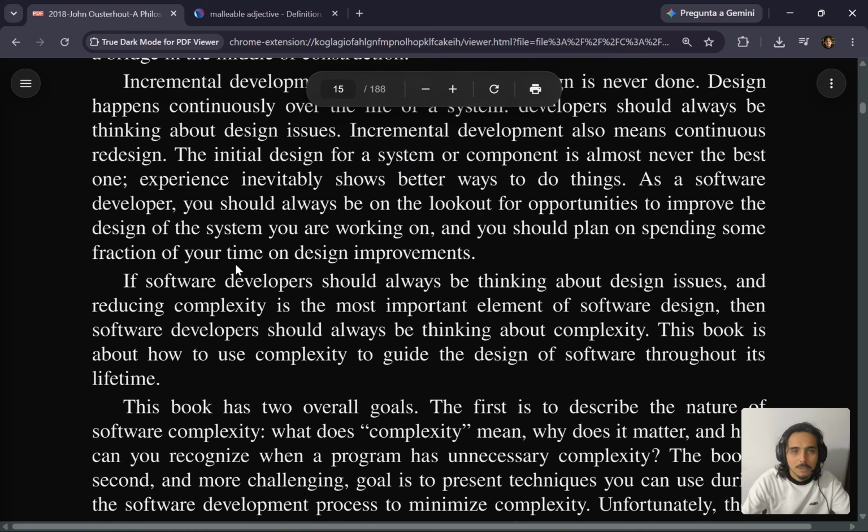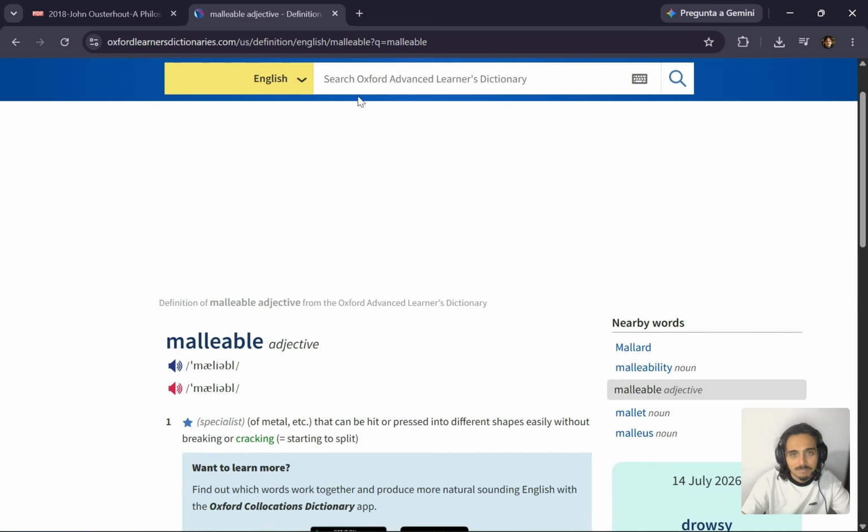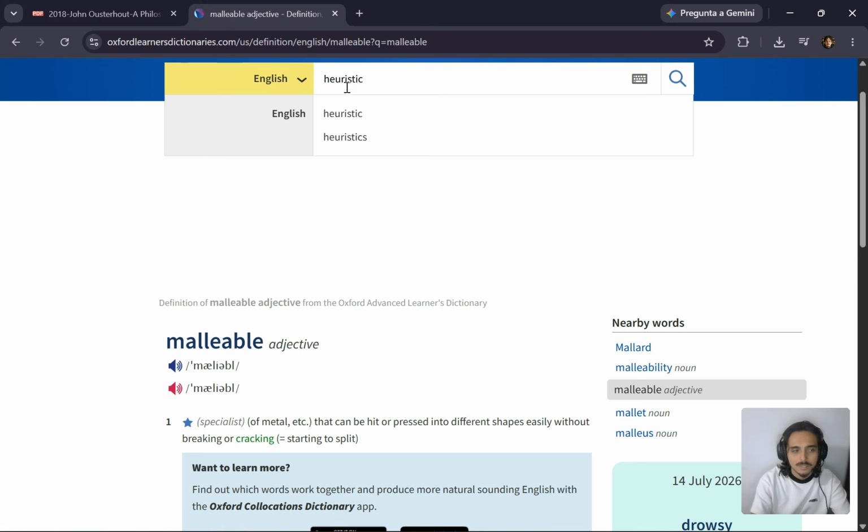As a software developer, you should always be on the lookout for opportunities to improve the design of a system you are working on. So perhaps this can be considered a heuristic. I see it as a simple rule or a simple action that is part of a bigger protocol.